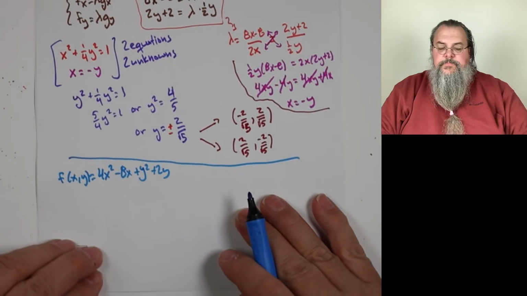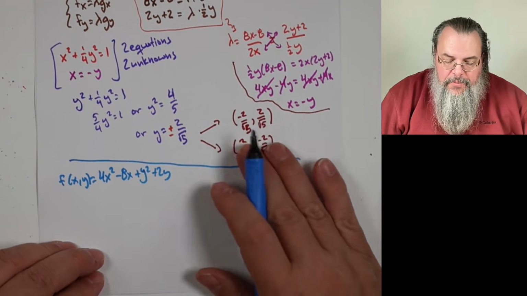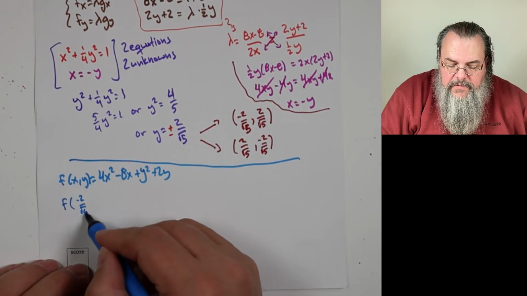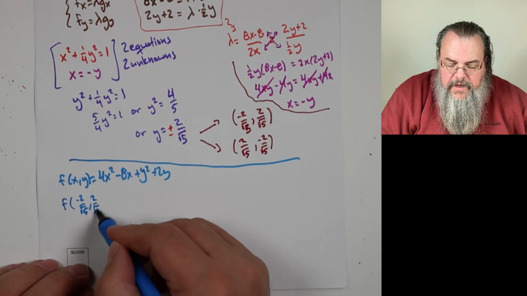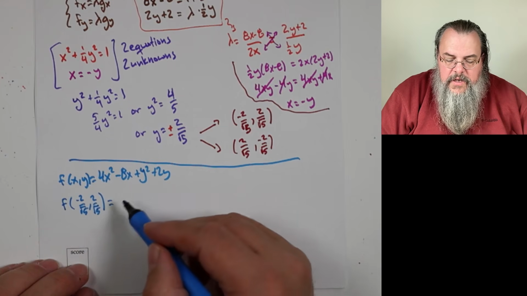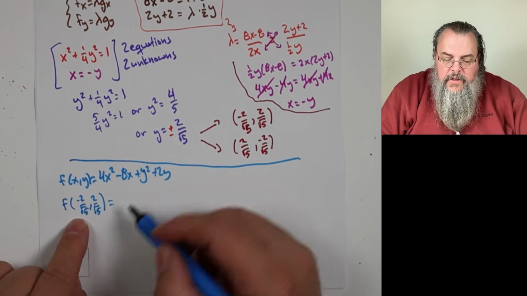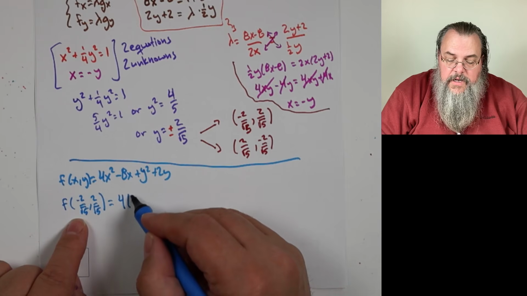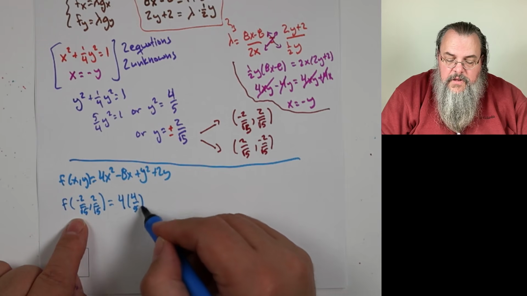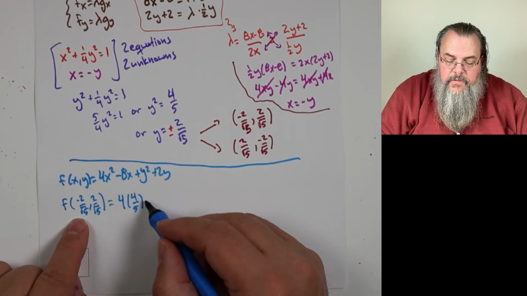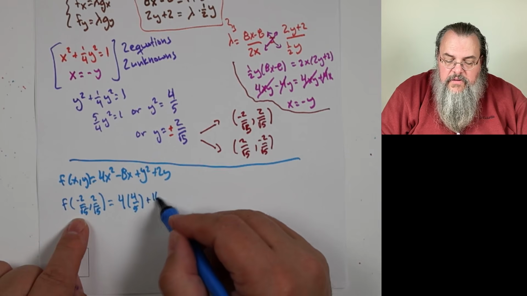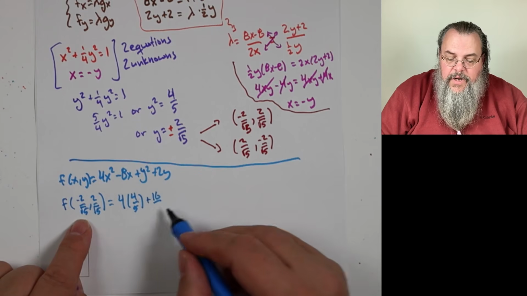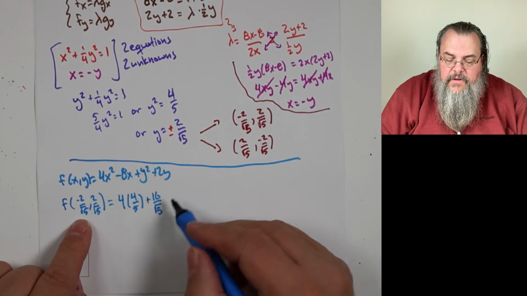All right. We've got to plug both points in. So f of minus 2 over root 5, comma 2 over root 5. And when you square either one of these, you get 4/5. So you get 4 times 4/5, and minus 8 times minus 2 over root 5 is plus 16 over root 5.